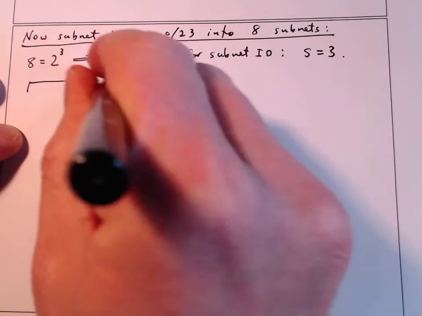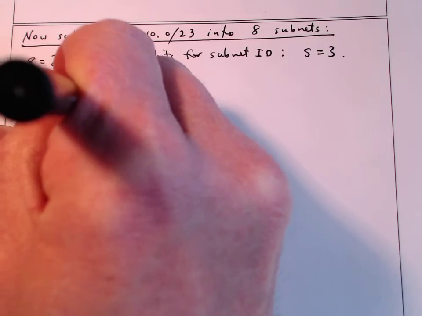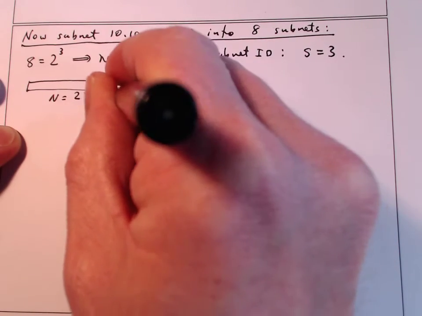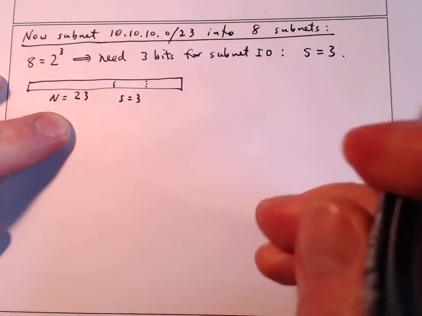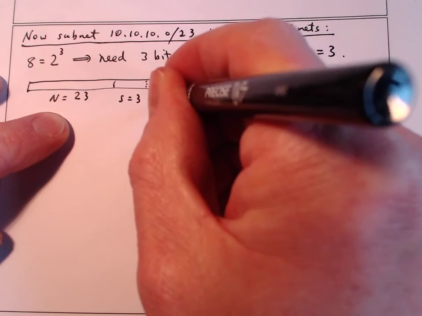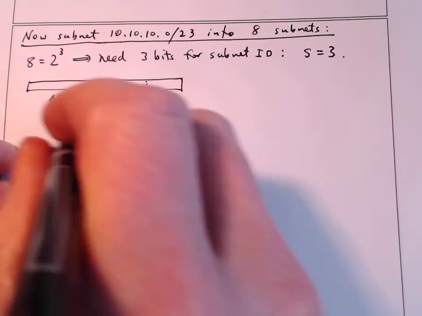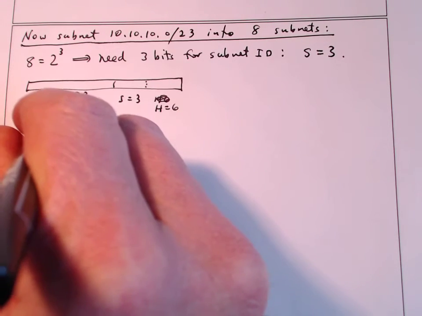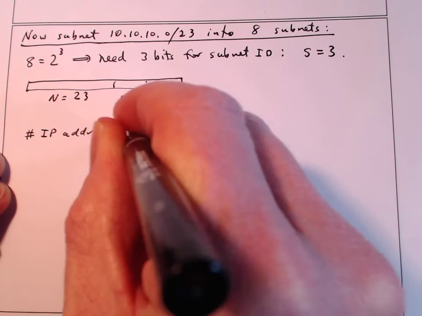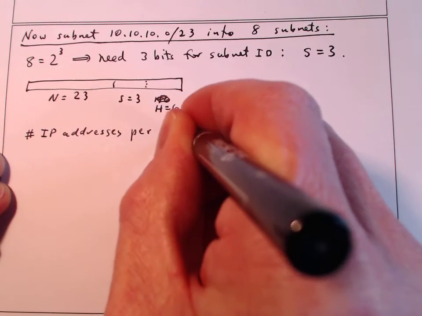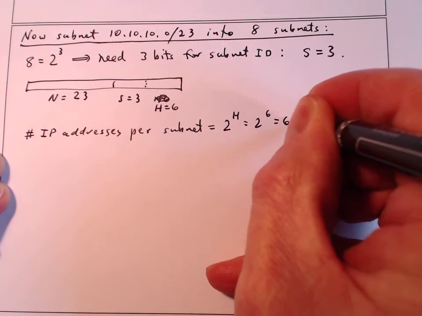Okay, and so now we have our IP address. N is equal to 23 still. S is equal to 3. And what's left is H is equal to 6. And this all makes sense because the number of IP addresses per subnet is 2 to the H, which is 2 to the 6th, which is 64.